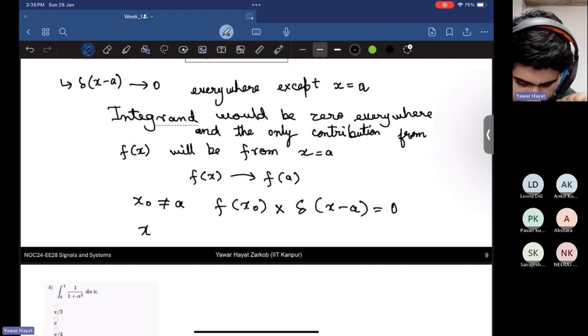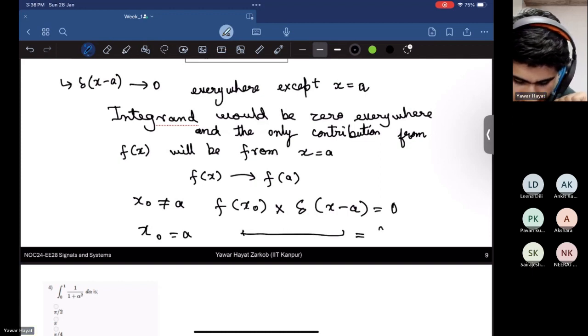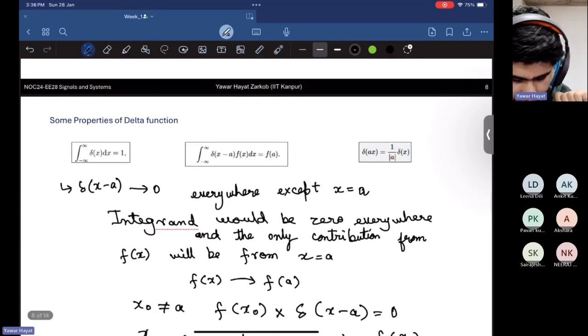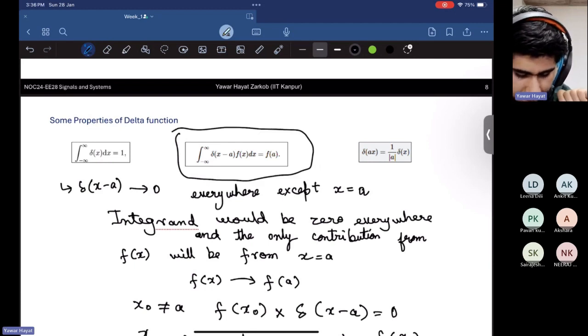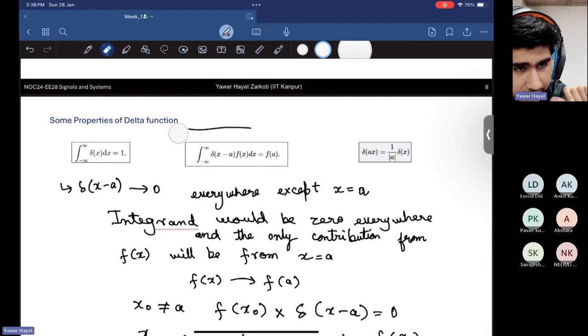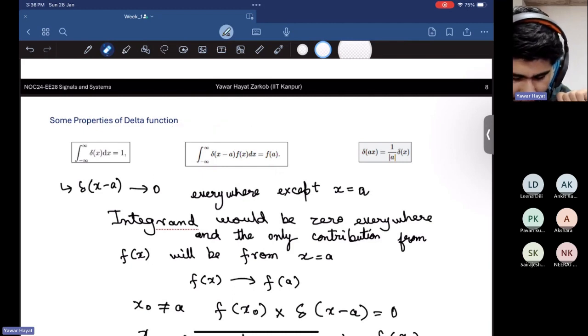And if this x naught is a, then the value is f of x naught, and this x naught is a. That's how this property is written, right? The value of this integral from minus infinity to infinity of delta of x minus a times f of x dx is f of a.